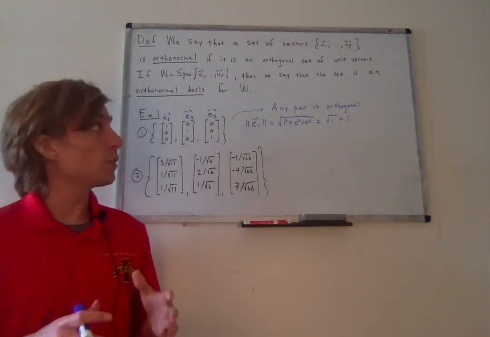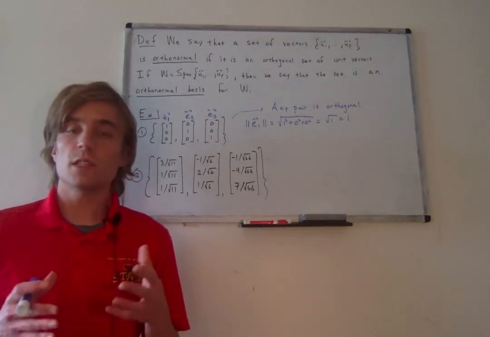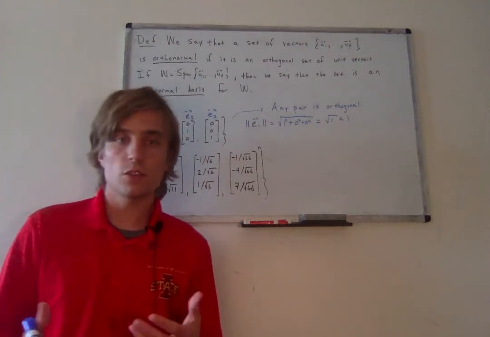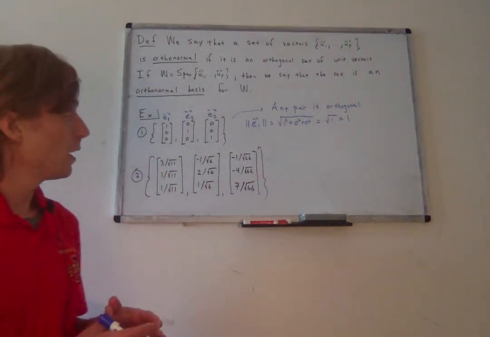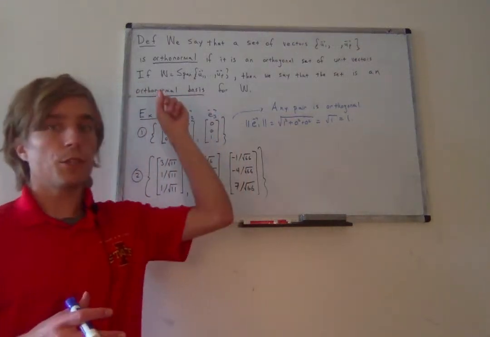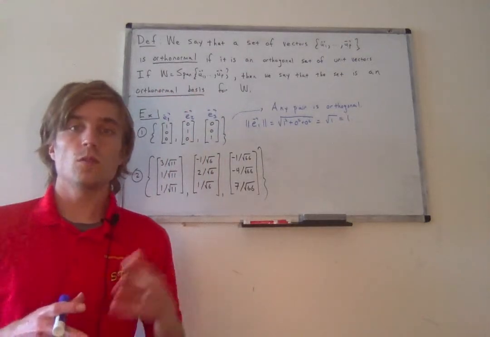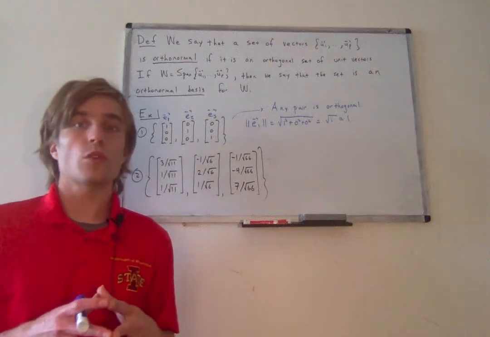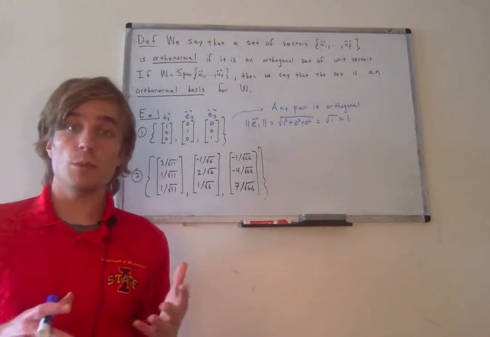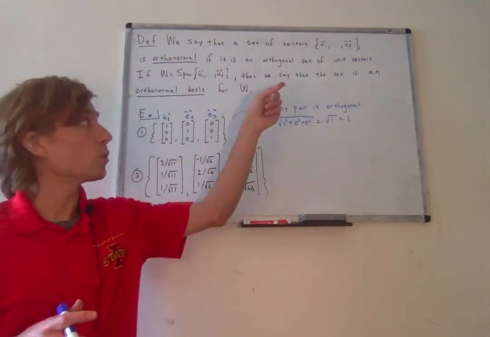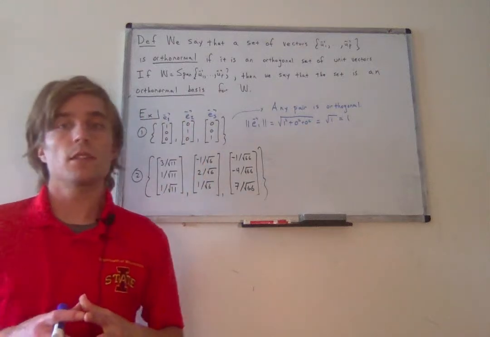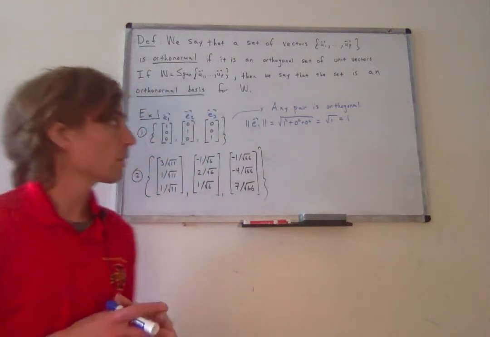Remember, a unit vector is a vector whose length, or norm, is equal to 1. And if W is a subspace spanned by this set of vectors, then since the set is orthogonal, it is a basis for W. But since it is also orthonormal, we say that it is an orthonormal basis for W.